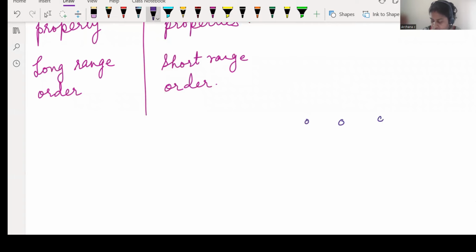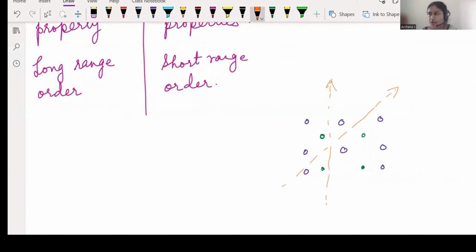Suppose this is the constituent atoms of the various crystal lattice. So if I draw a line in this direction, it will encounter different constituent particles. And if I draw a line in this direction, it will encounter different constituent particles.